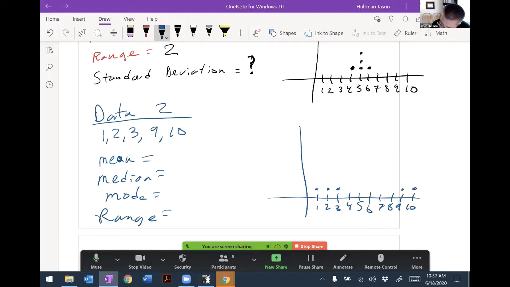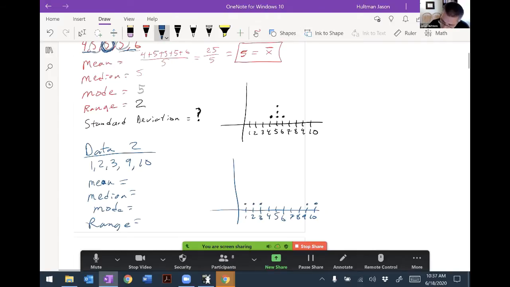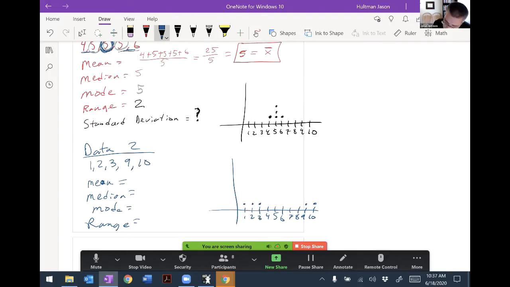I want to compare these two data sets real quick. Data set 1, the data values are really close together. They're all kind of bunched together. So this is what we say has small spread.